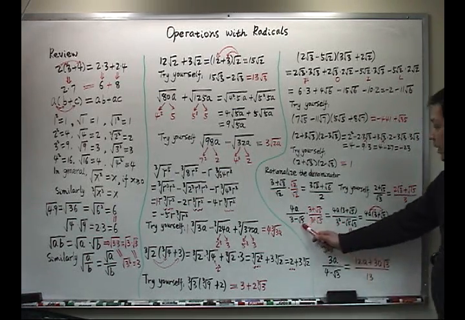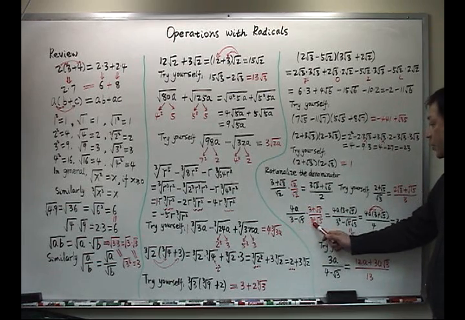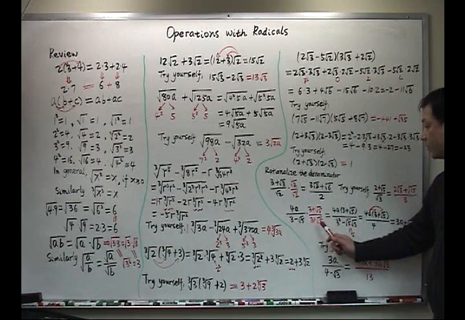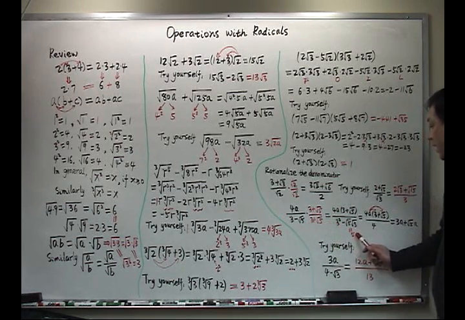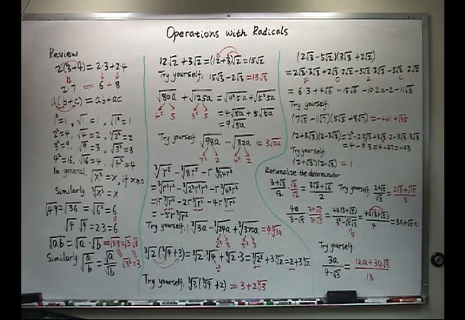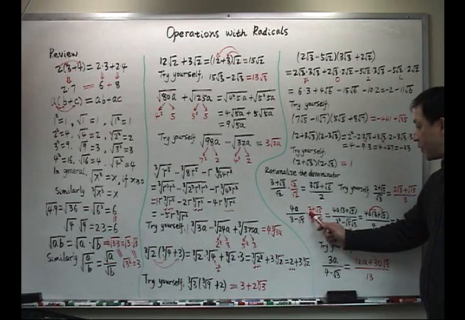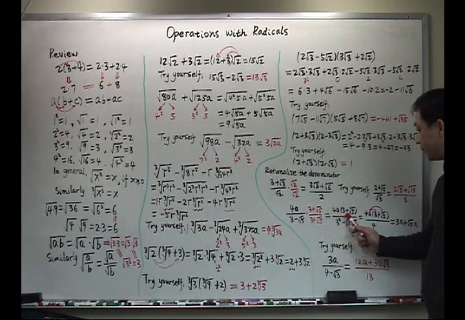And then you have negative √5 times positive √5, which is negative 5. So 3 squared is 9, and 9 minus 5 is 4.